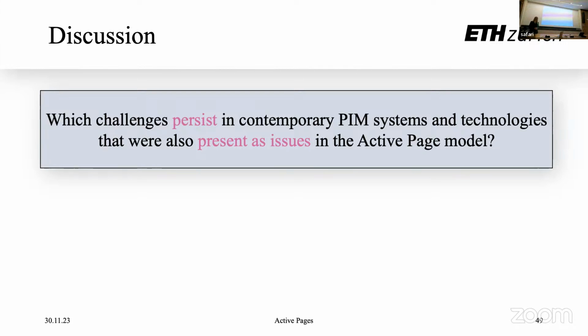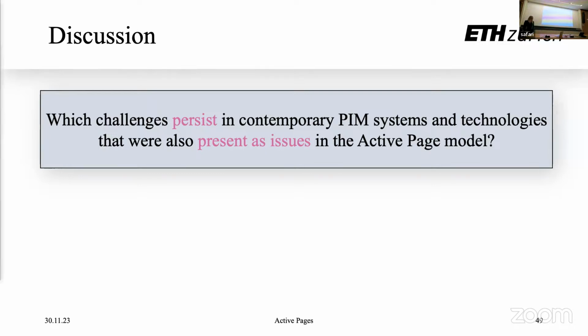Do you see some issues that still remain? Can you think about maybe things that I talked about in the weaknesses, and look if they get solved by the 3D RAM technology or by anything?